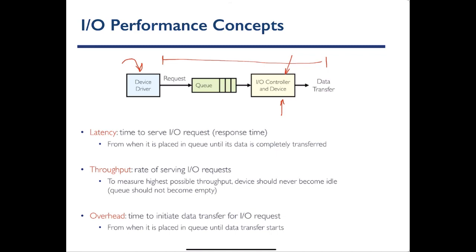And then the overhead is basically the waiting time inside this queue, from when the request was generated until the I/O controller starts processing, until the I/O controller starts transferring the data for that request.